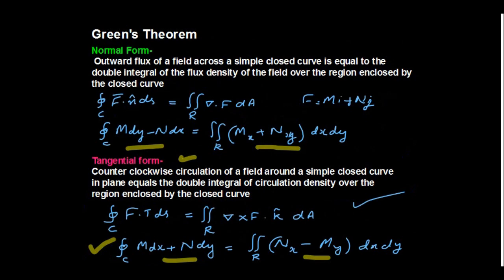On the other side, to find the limits of integration over the region R, you have to draw the region, take the curve accordingly, find the limits of x and y of the region, and then find RHS and LHS, and hence verify whether they are equal or not.